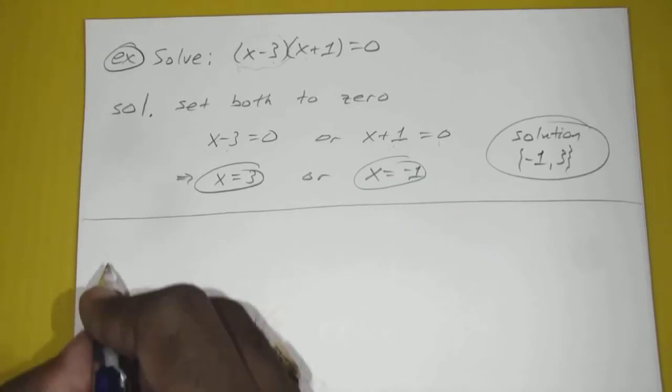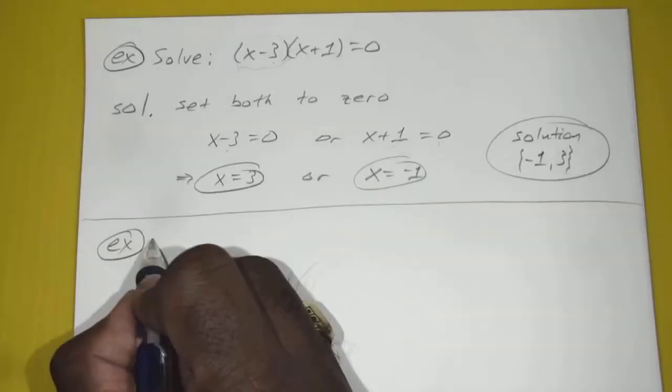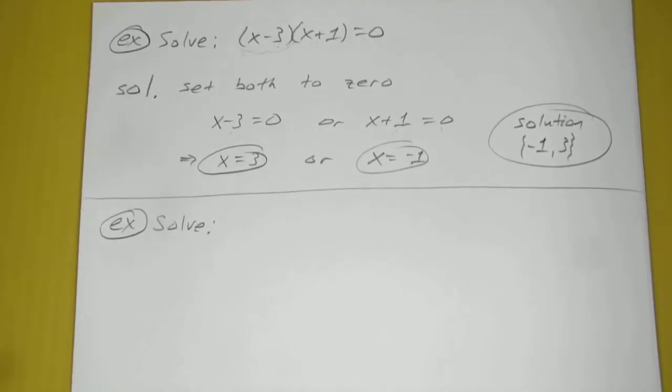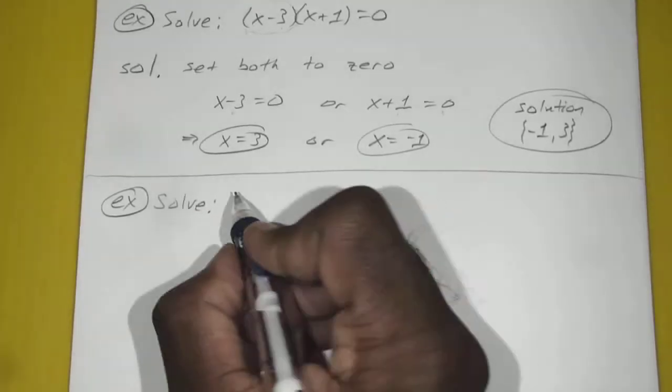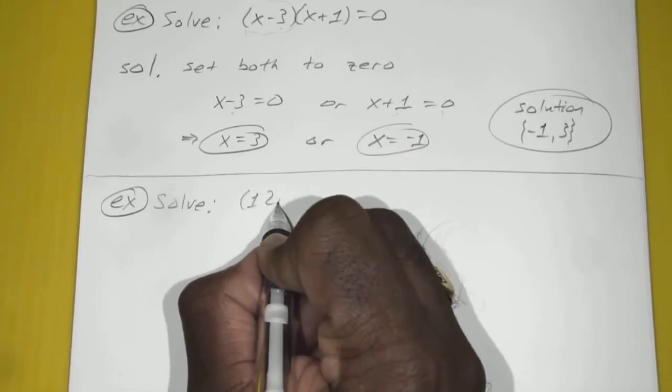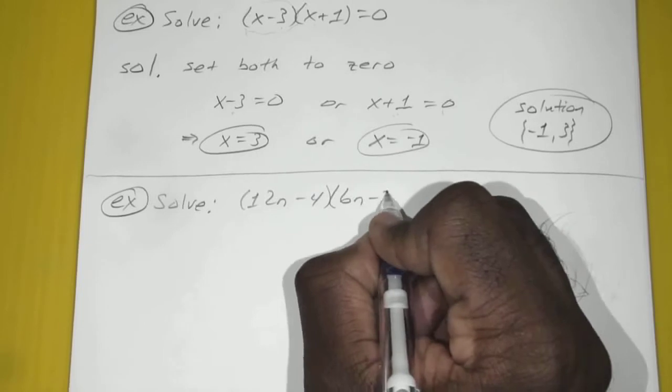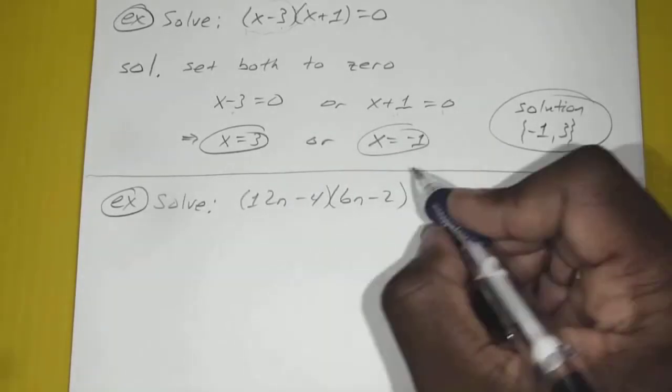Okay, so what if we wanted to solve 12n minus 4 times 6n minus 2 equals 0?